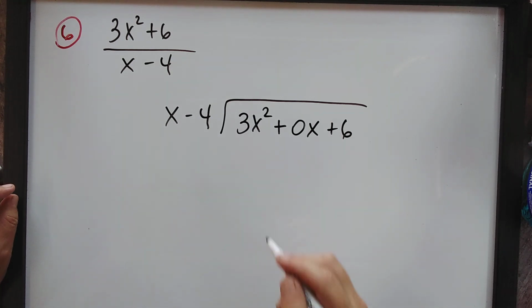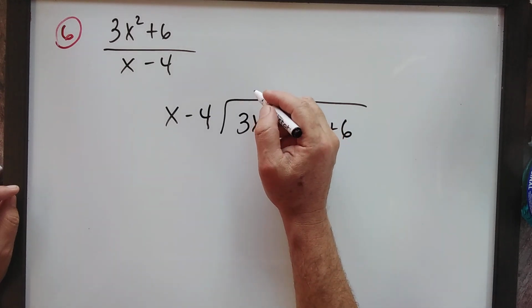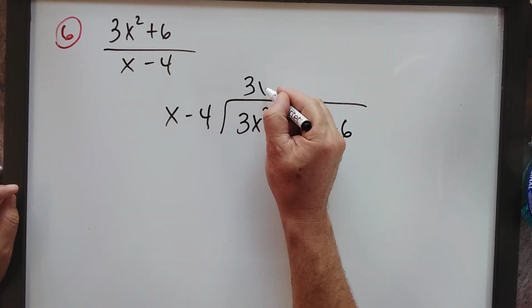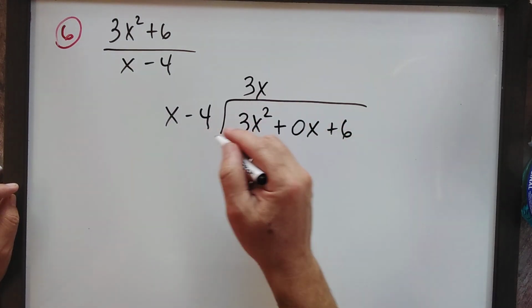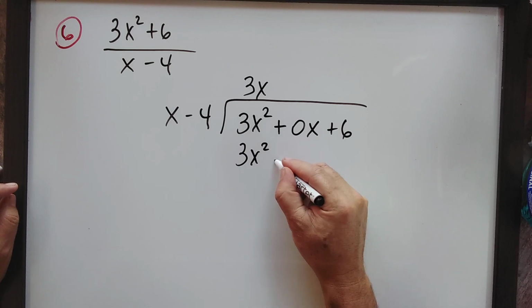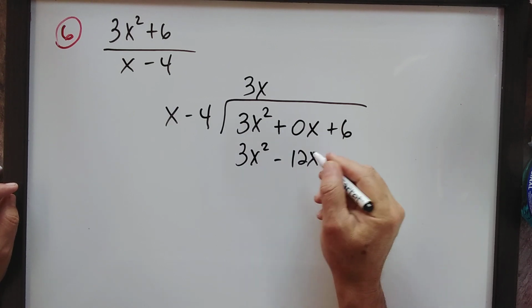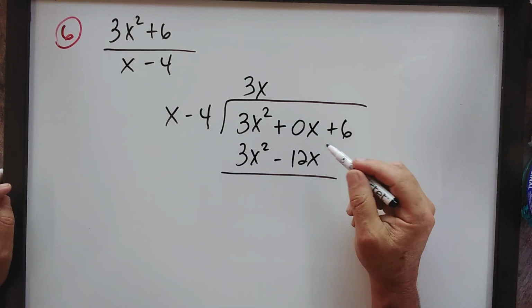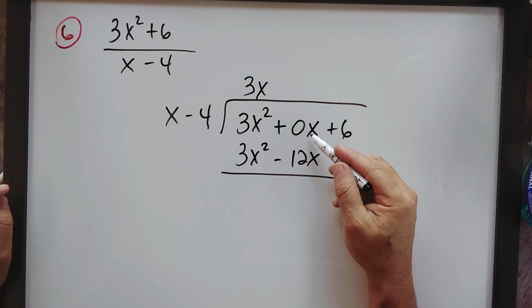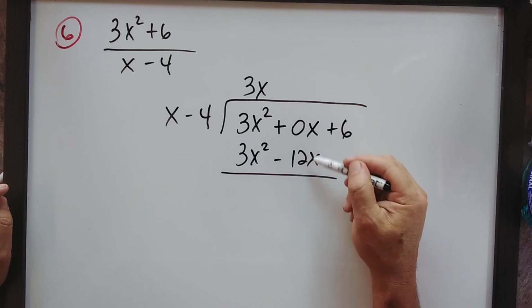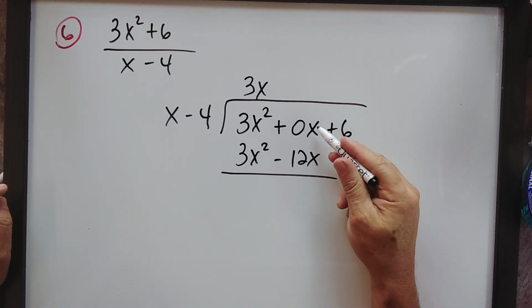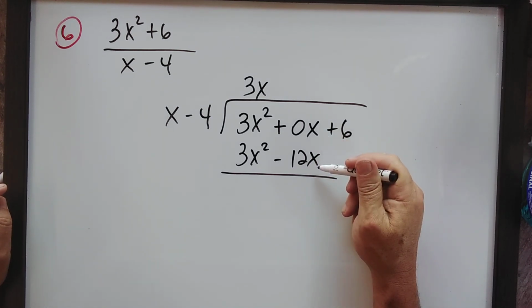So let's do it. 3x squared divided by x is what? 3x, right? Because 3x times x is 3x squared. And 3x times negative 4 is negative 12x. Notice that if the 0x wouldn't have been here, the 12x would have fallen right under the 6, and you wouldn't be able to combine the 6 and the x term.